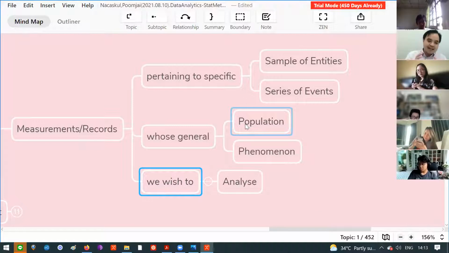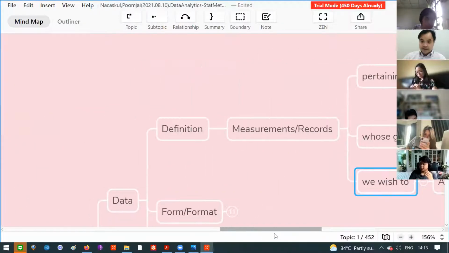And you want to analyze the sample so you can understand the sample, but your understanding does not pertain to just that sample. You have to understand this so that you know about the general population. Okay? So that's very important from our part.